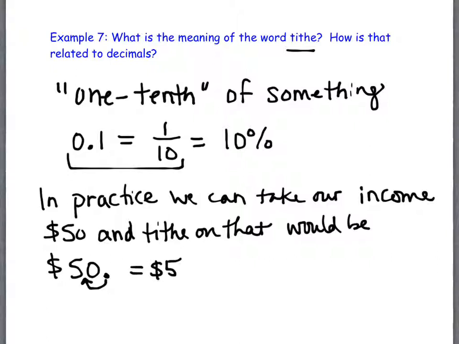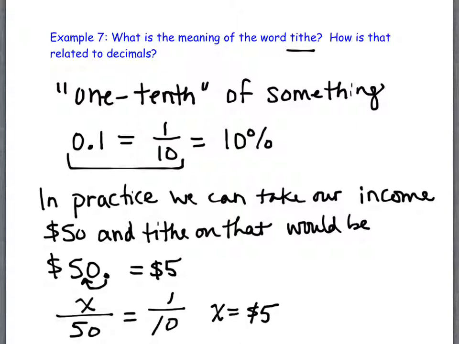You could also talk about this in terms of proportions like we've done before. If you were talking about a certain amount and you wanted to know what 1/10 of it is, you can have x over 50 is 1/10. When you cross multiply, you'll find that x is 5. So that's from a fractional point of view.